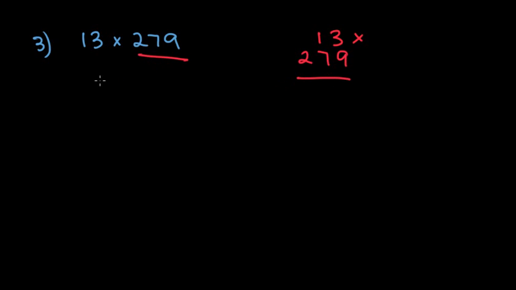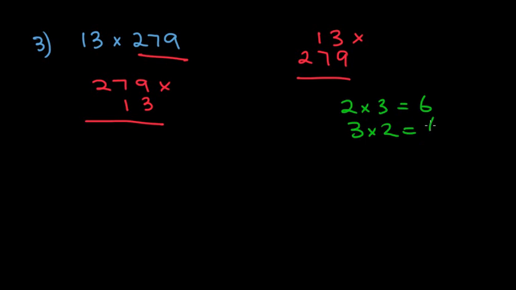Okay, so what I'm going to write instead is 279 times 13, because it doesn't matter which way you times these. You know, hopefully you've looked before at the sort of statement that 2 times 3 equals 6 and 3 times 2 equals 6. They're exactly the same. So it doesn't matter which way you multiply them. But this way's going to be quicker.